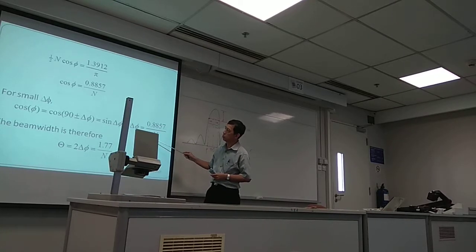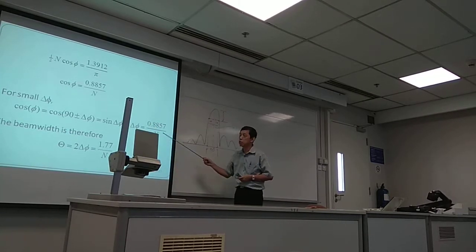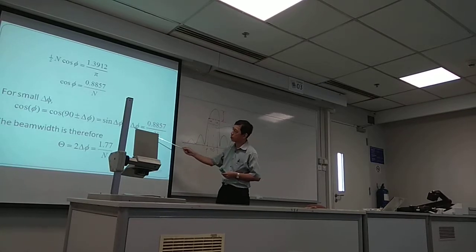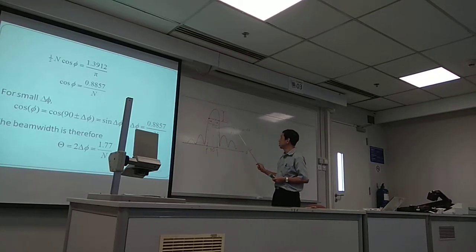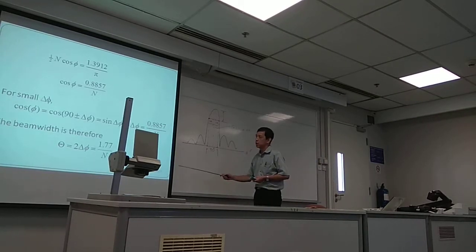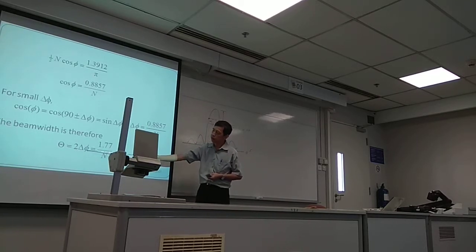Right? And from here, you can see that we end up with the value we are looking for, delta phi, given to be 0.8857 divided by n. Since this is delta phi, and we know that the beam width is 2 times delta phi, therefore theta, which is the beam width, is 2 times delta phi.